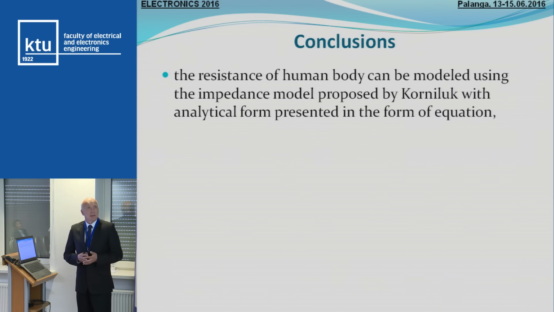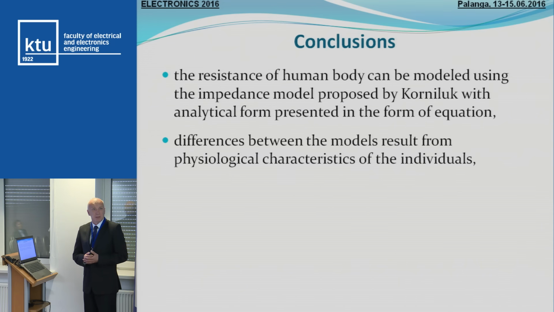Okay, so let's go to the conclusions. We found out that the resistance of human body can be modeled using the impedance model proposed by Korniluk, and the analytical form was presented previously in the form of equations. Of course, we saw big differences between the models.